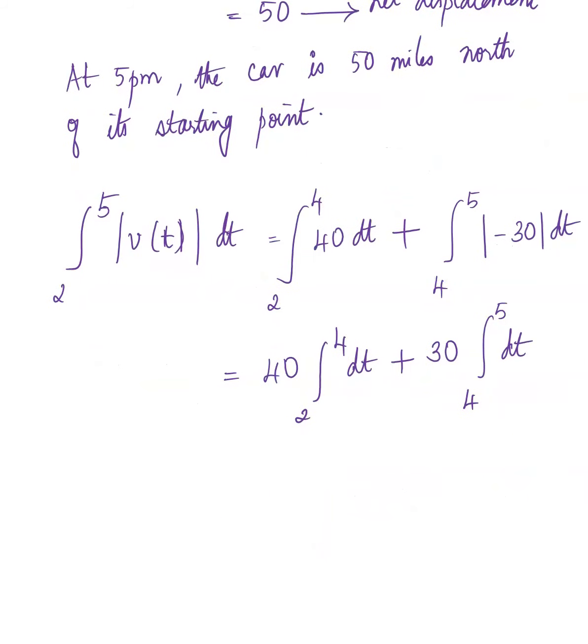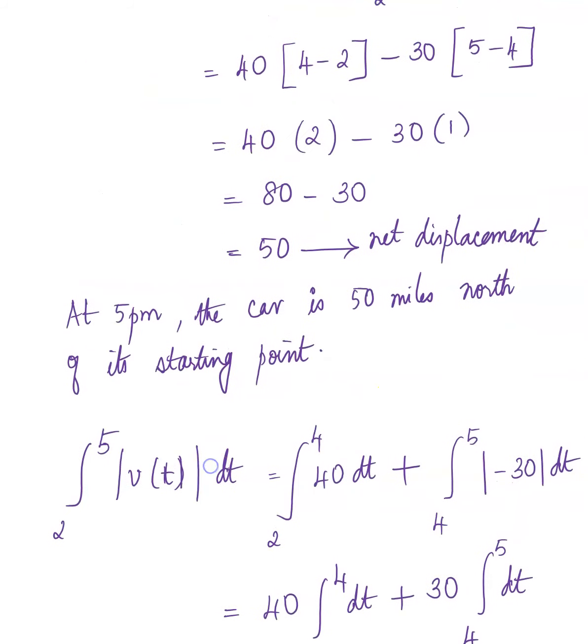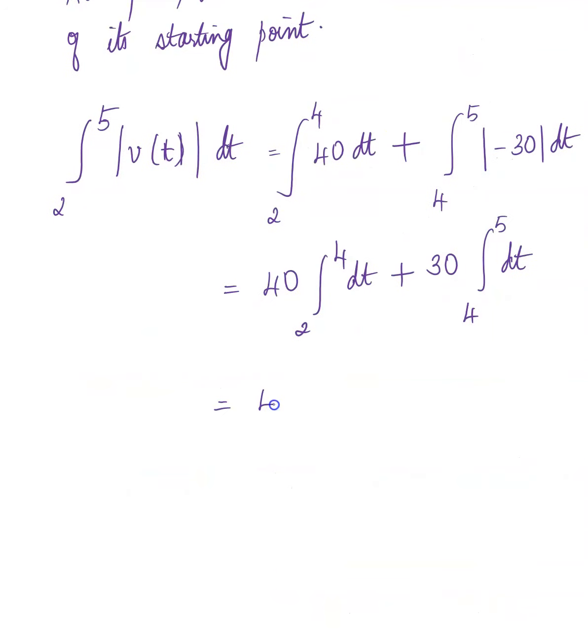So you know the drill, we just did that before, so I'm simply going to come back here and say it's going to be 40 times 2 plus 30 times 1. That was the only change. So that's going to be 80 plus 30, which is 110.